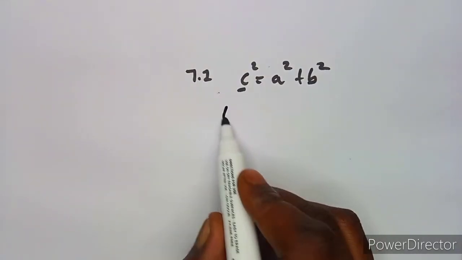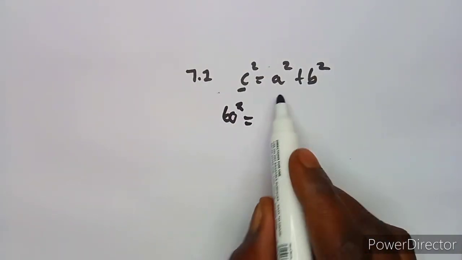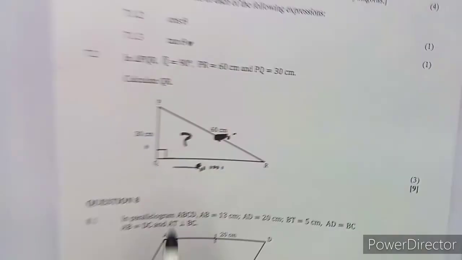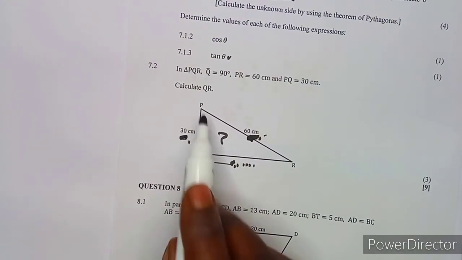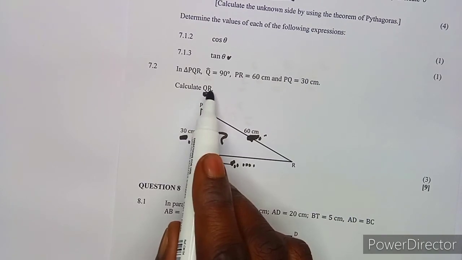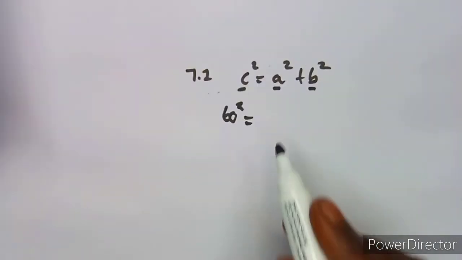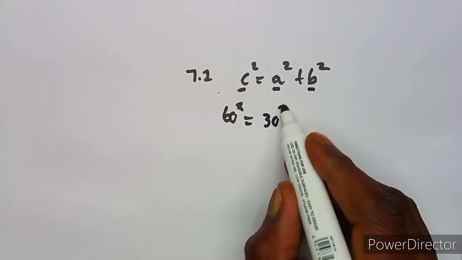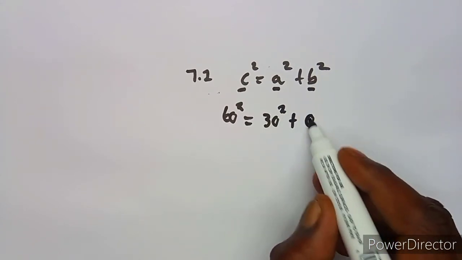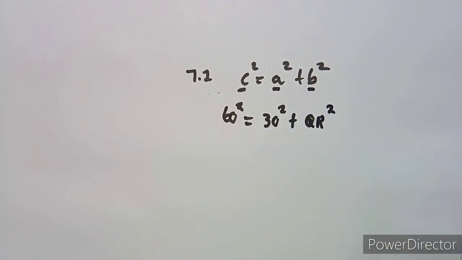So this is your C. So it's going to be 60 squared is equal to A and B. These are the shorter sides, which is this one 30, and this one that you want to calculate, which is QR. Okay, so it's going to be 30 squared plus QR squared, the one that you want to calculate.